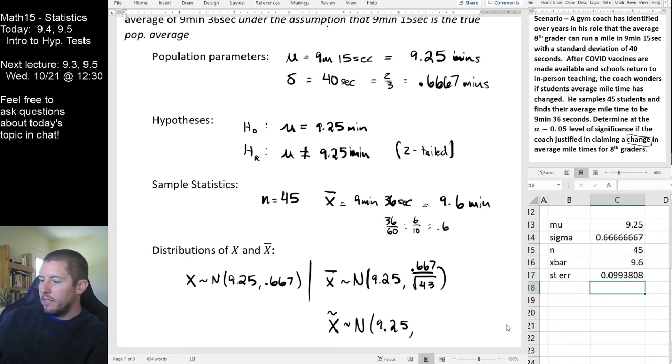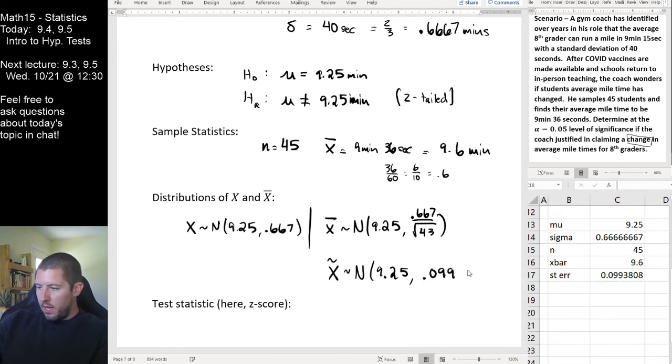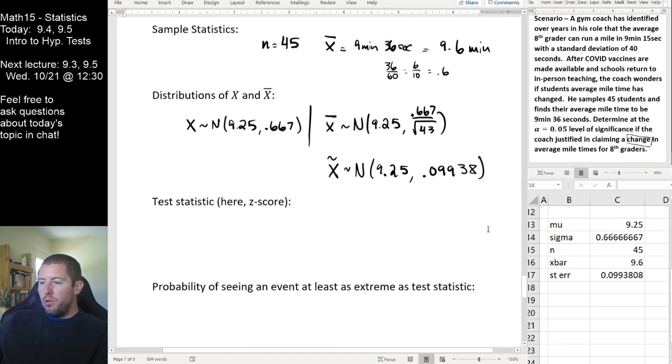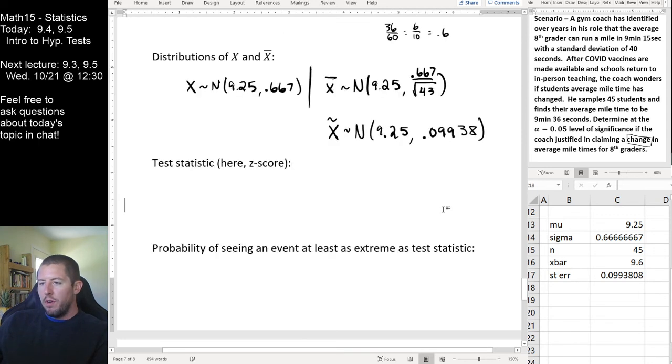That's going to tell me we're looking at almost 0.1, 0.09938. You need to be really cautious of over-rounding, by the way. If you're not sure, you should be keeping a ton of decimals. Especially the smaller your numbers get, the more value all of their decimal places have.